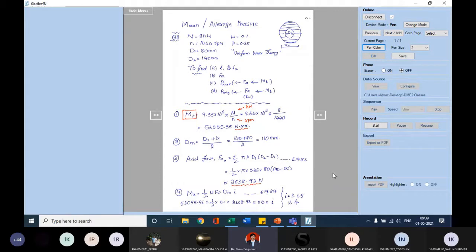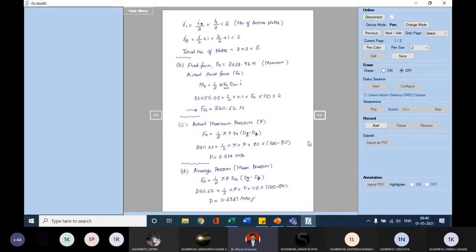Then find the I. This is the expectation especially for multiplate problems. When you go for I, round it off to the next highest even number. Once you have got this value of I, you go for the value of I1 and the value of I2.